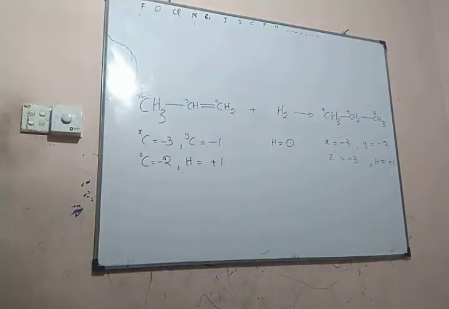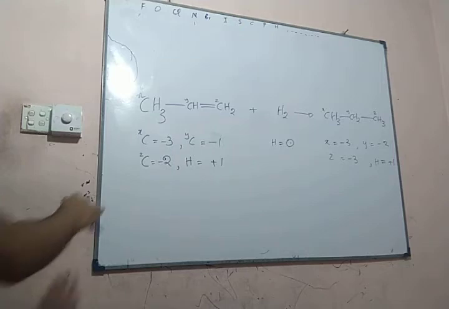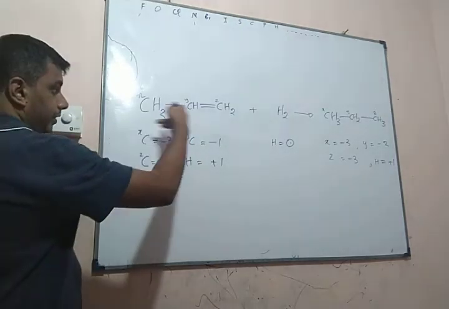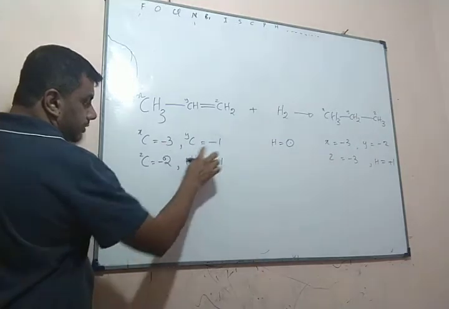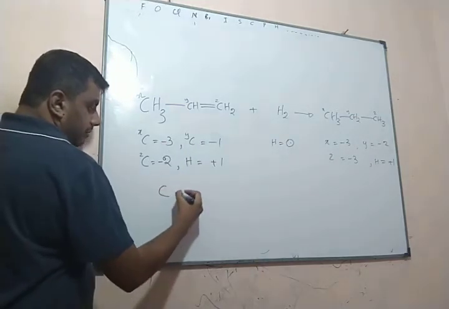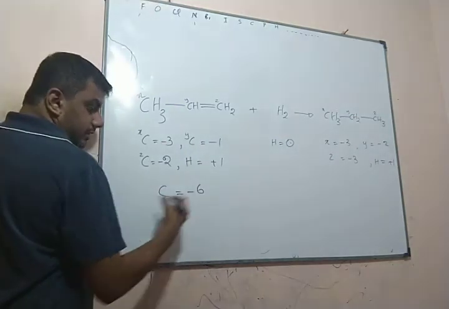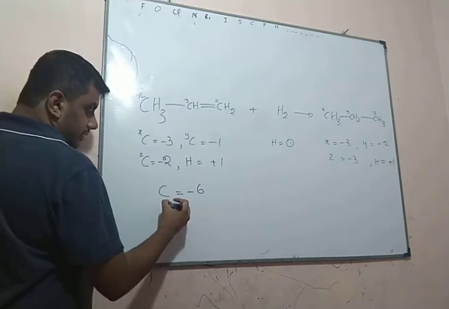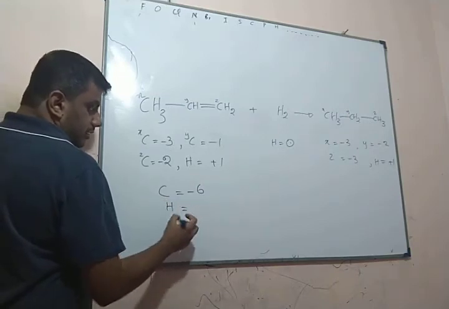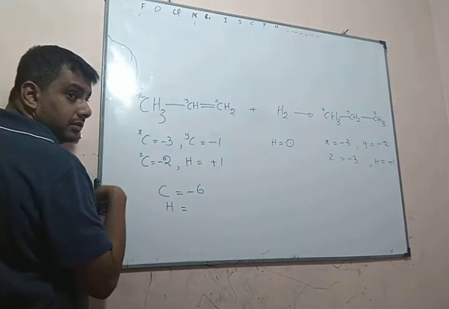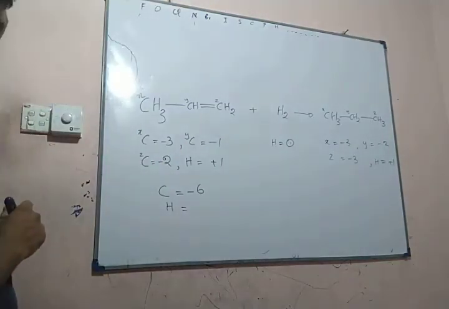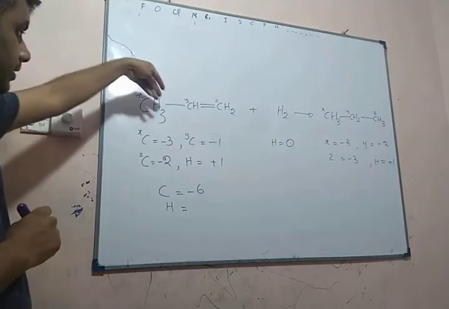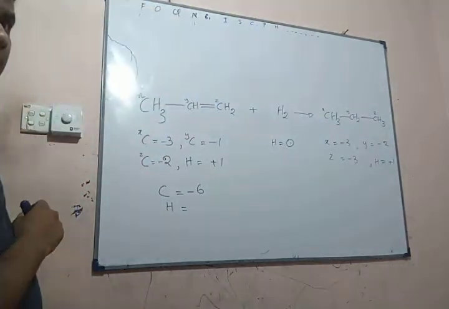Now cumulative oxidation state, right? What's the cumulative oxidation state of carbon? -3, -1, -2. Carbon -6. Hydrogen plus cumulative oxidation state of hydrogen. What? Here only carbon and hydrogen. What?